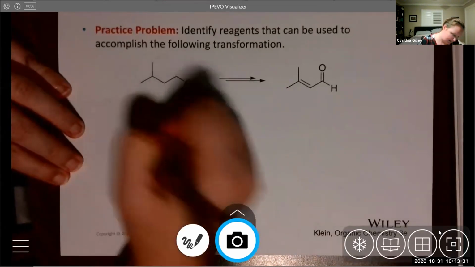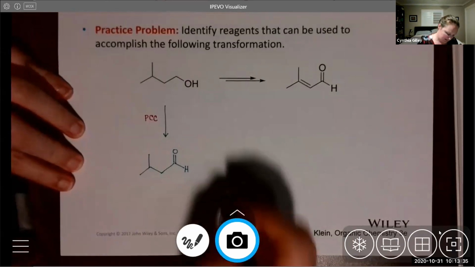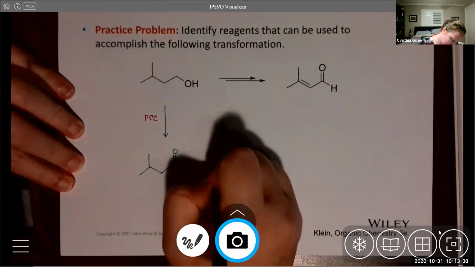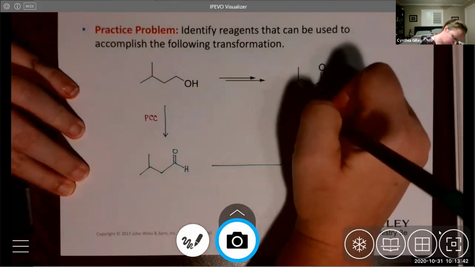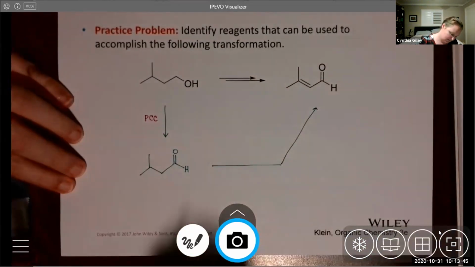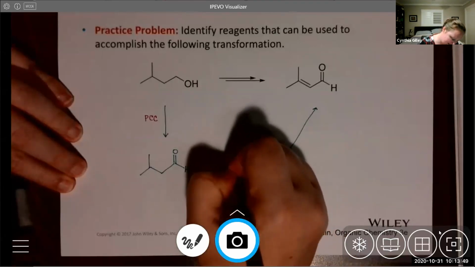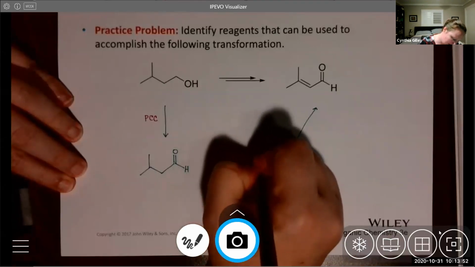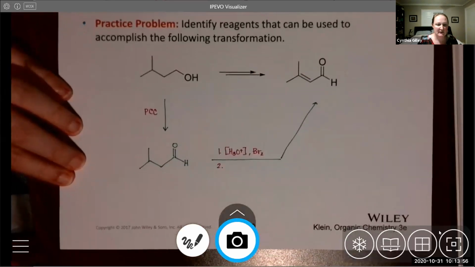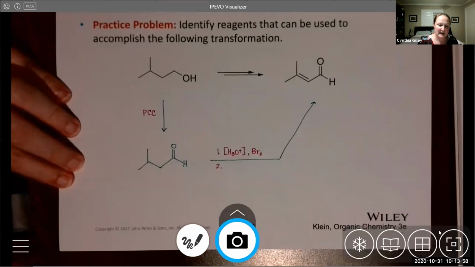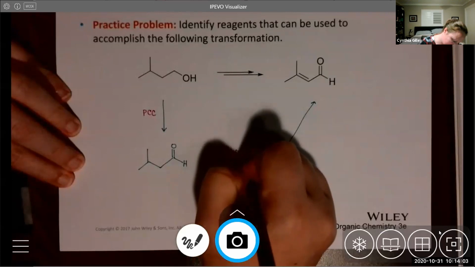You can use PCC, which is pyridinium chlorochromate. And from here, we can do a two-step process where we alpha halogenate, catalytic acid, bromine, followed by either pyridine, potassium tert-butoxide, or lithium carbonate.